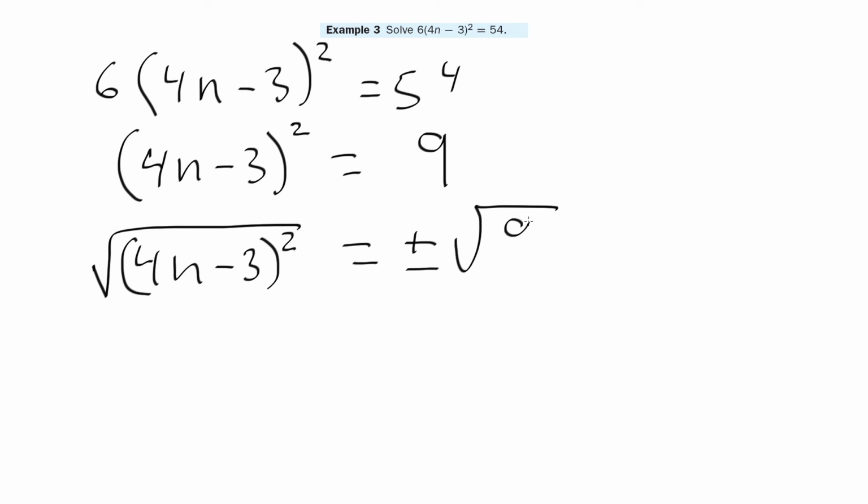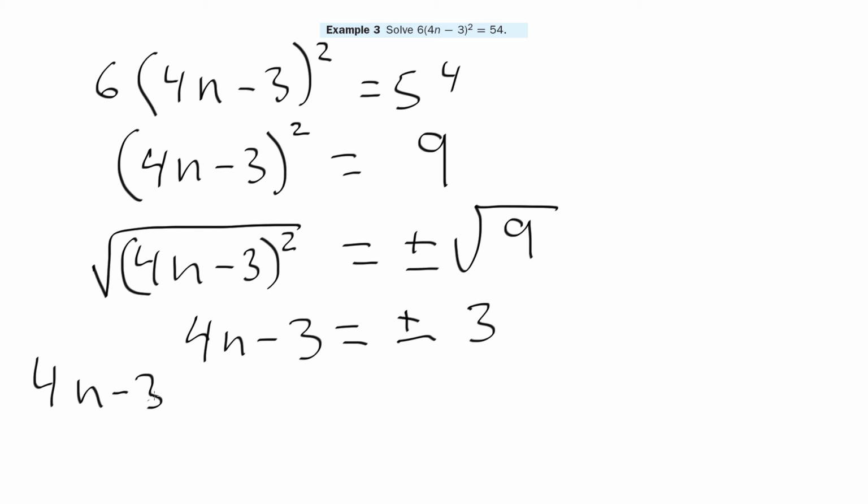Well, the square root of a square is just the number, so I now know that 4n minus 3 equals plus or minus the square root of 9, which is 3, so plus or minus 3. I have two equations I need to solve here. I need to find out if 4n minus 3 equals 3 and 4n minus 3 equals a negative 3. Those are my two problems I need to solve to find out what n is.